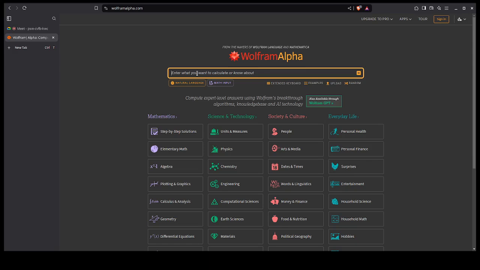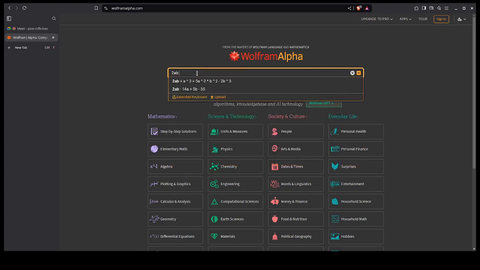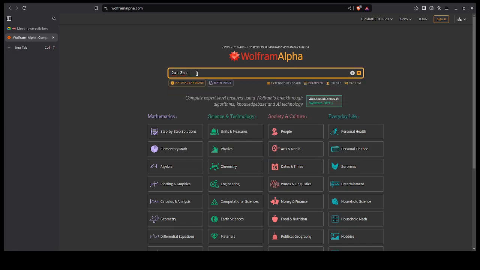Okay, so what is it going to be? That's 2A, sorry, 2A plus 3B plus 2, minus 65, divided by A minus 10, right? Write the full polynomial.